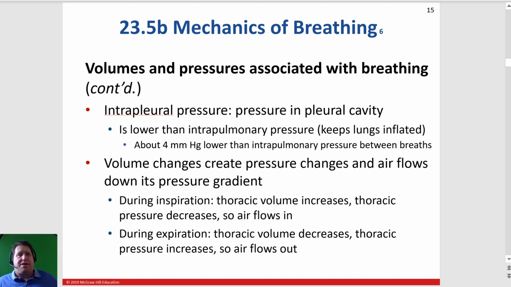So in order to avoid that happening, there's always a little bit lower pressure inside the pleural cavity. It's always a little bit lower inside that than inside the lung, inside the alveoli, because it's counteracting that stretchiness.